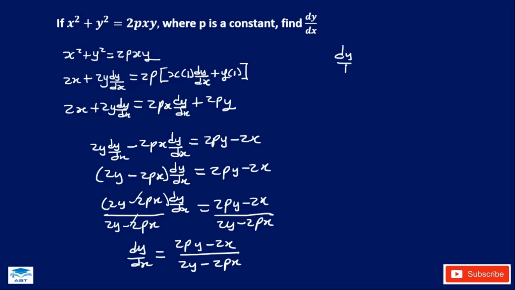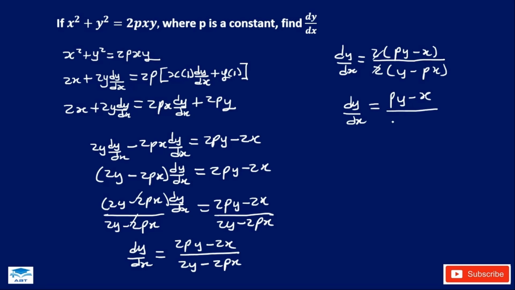So dy/dx is equal to 2 out, and we have py minus x over, we can also factorize 2 out here, and we have y minus px. So 2 will cancel out, and dy/dx is equal to py minus x over y minus px.